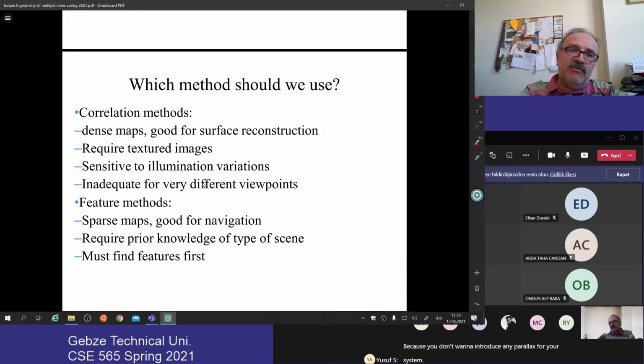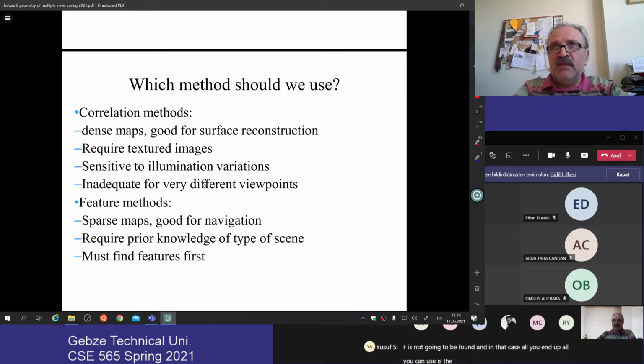In that case, stereo is not possible because the baseline is 0. In that case, F is not going to be found. And in that case, all you can use is the correspondences. You don't have the epipolar lines anymore.